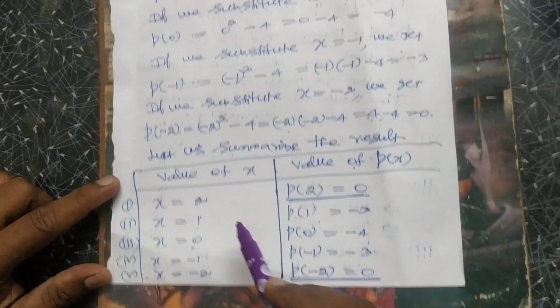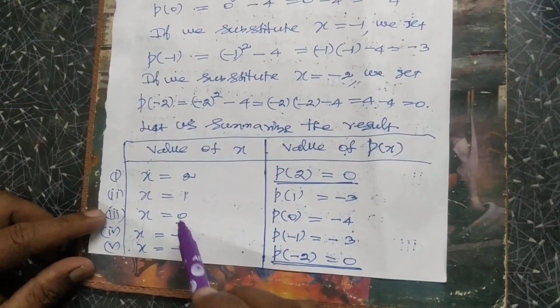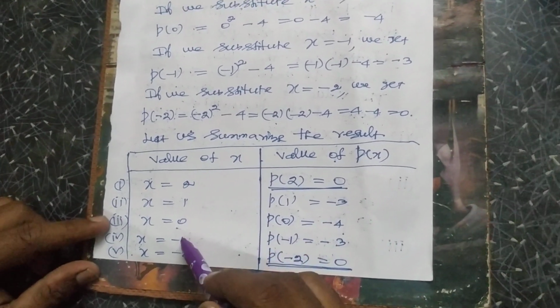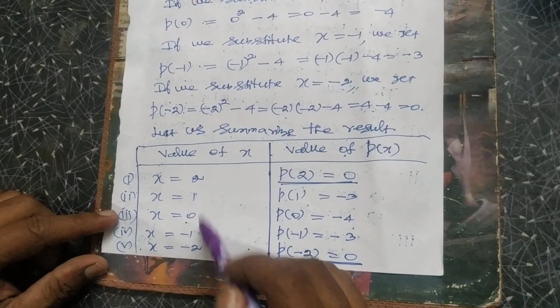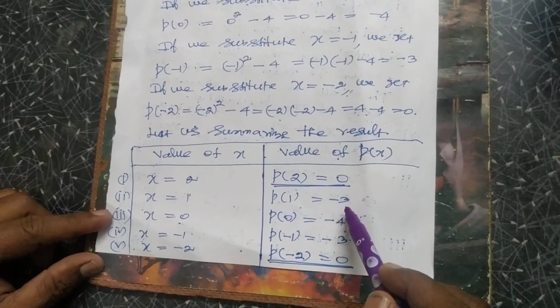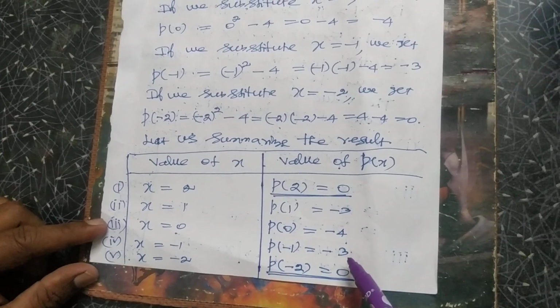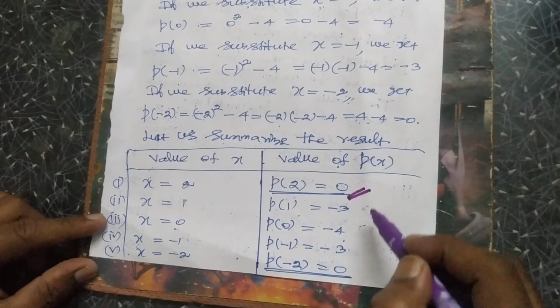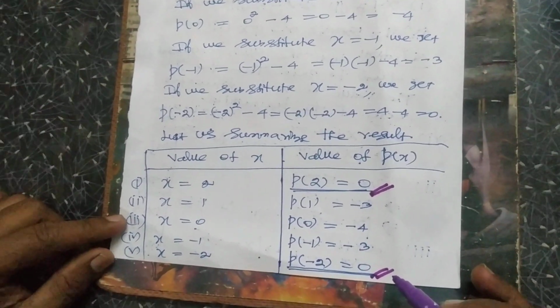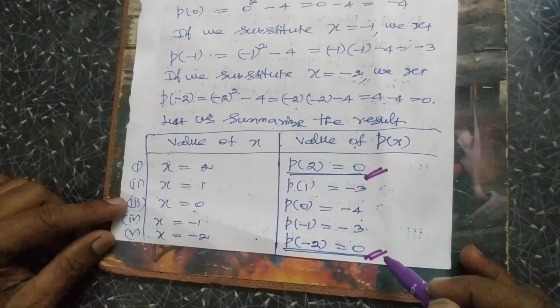Now you see, I have put it in a tabular column to summarize the result. The values I have taken are 2, 1, 0, -1, -2. The corresponding values of the polynomial are 0, -3, -4, -3 and 0. Now in two places, 0 is coming. These are known as zeros of the polynomial.